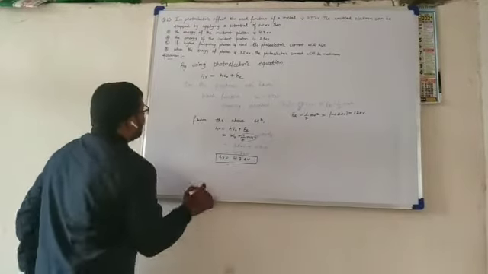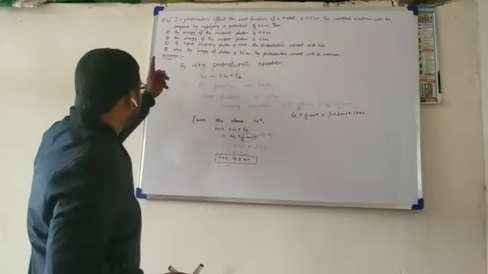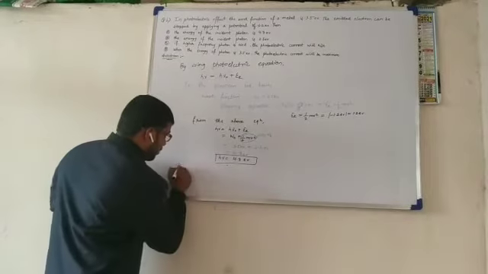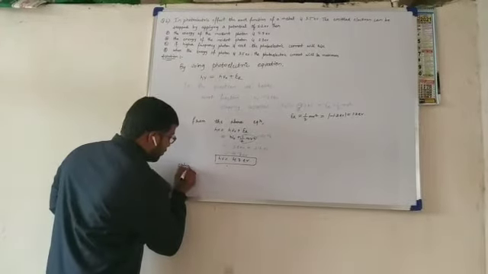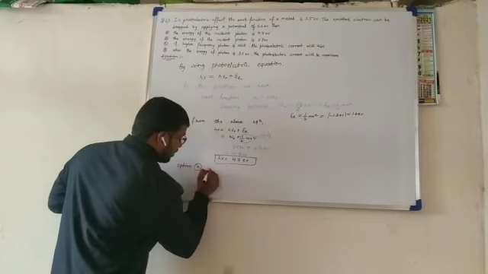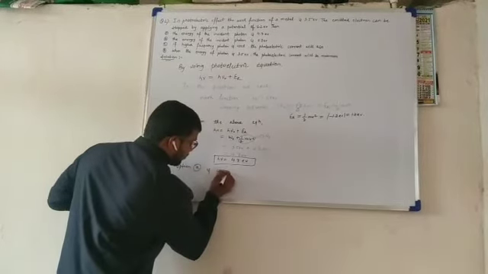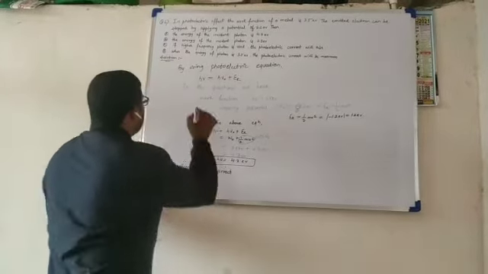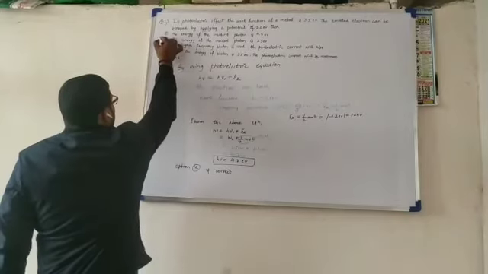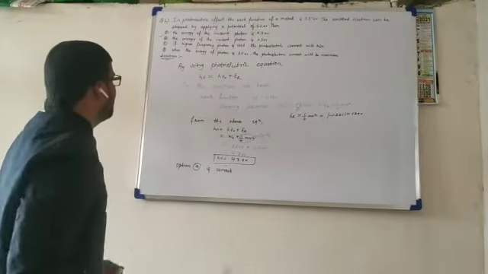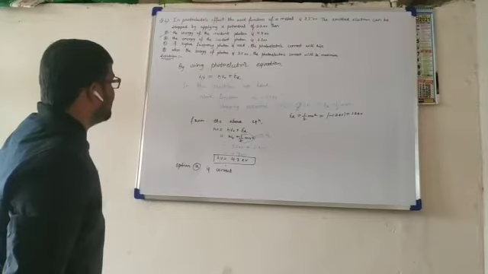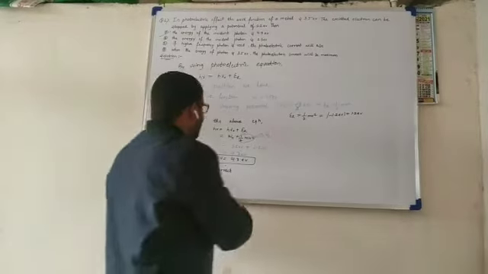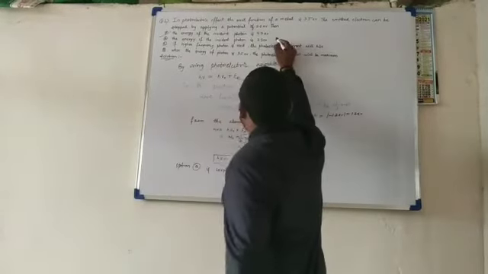So from here we go to the options. The first option is correct. Option A is correct. The energy of the incident photon is 4.7 electron volt. And the second one says the energy of the incident photon is 2.3 electron volt. It is wrong.